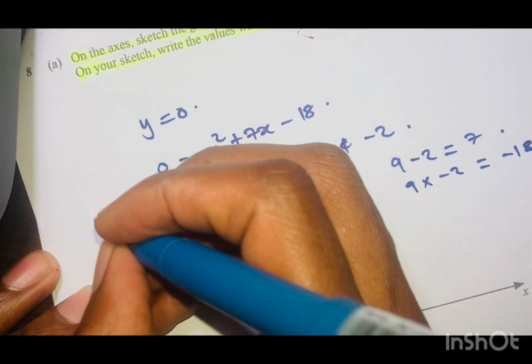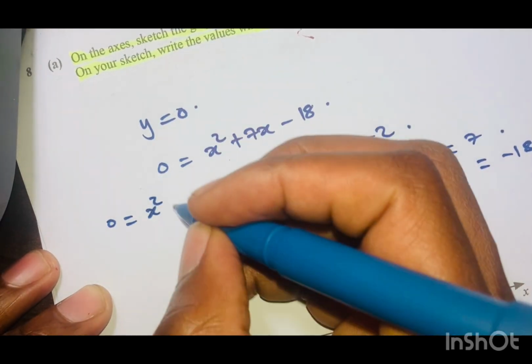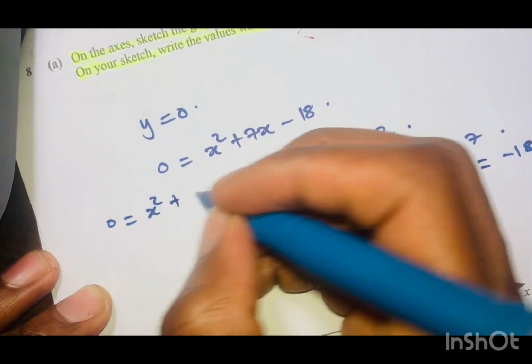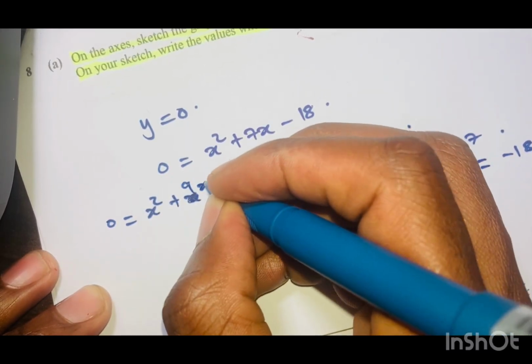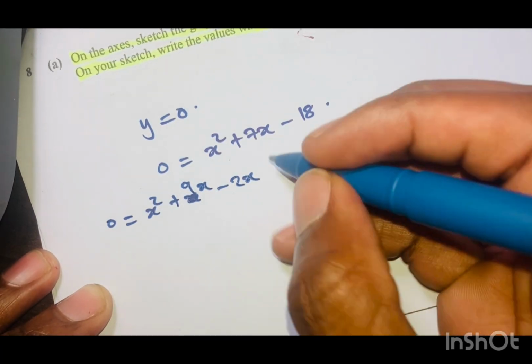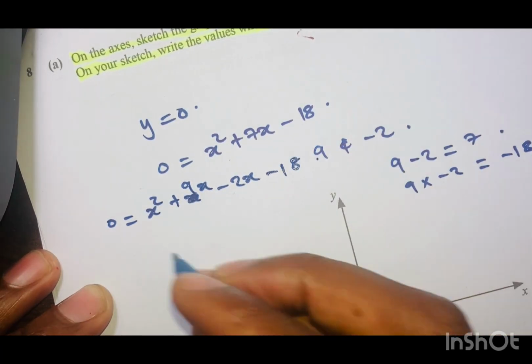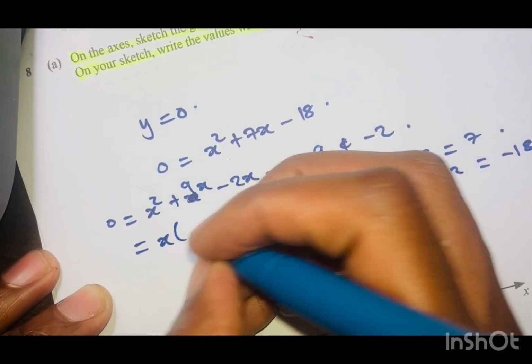So we will say 0 equals x squared plus 9x minus 2x minus 18.